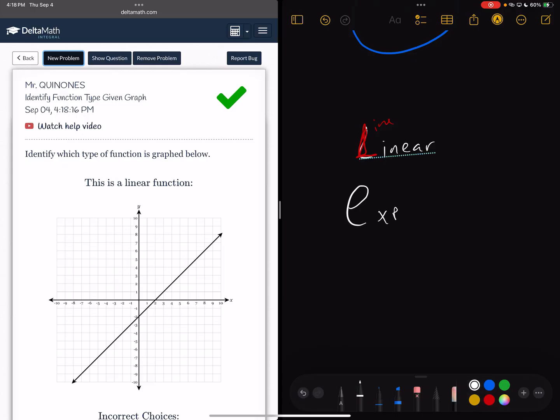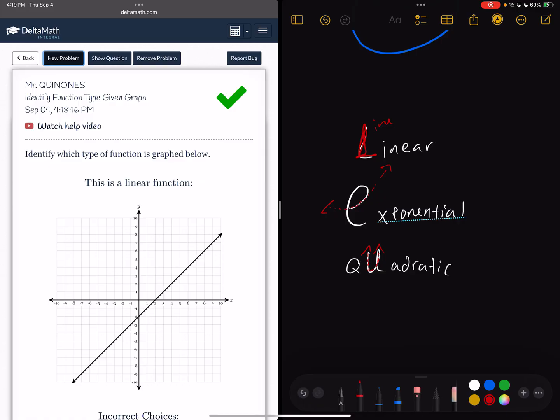For exponential, I think of an increasing line that looks like this for E. And then for quadratic, I think of a U-shaped function.